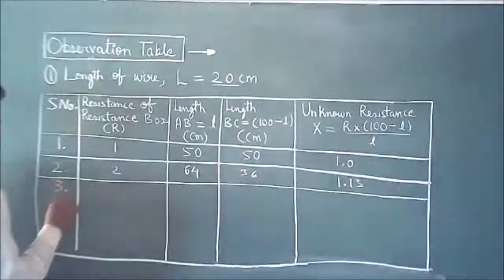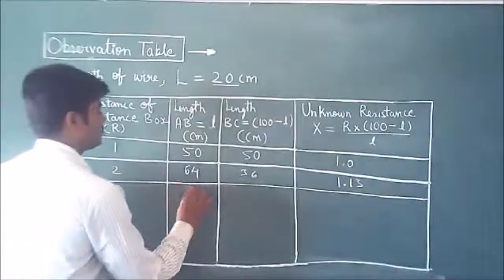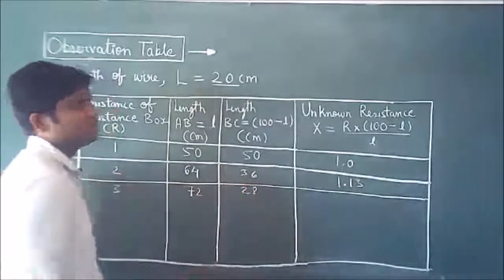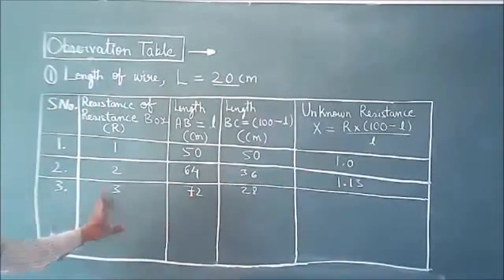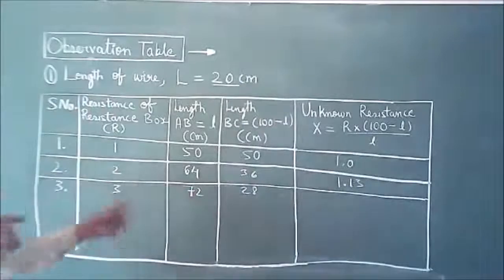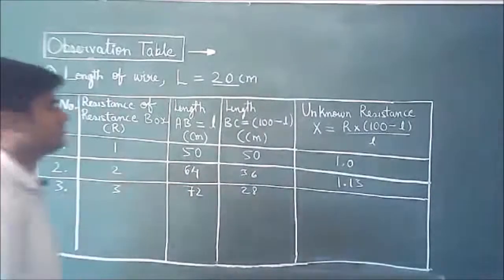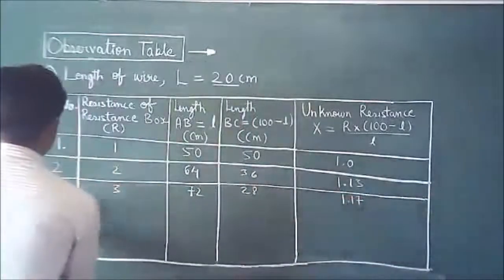Third reading, the resistance was 3 ohm and L is equal to 72. 100 minus L is equal to 28, so we get 3 into 28 upon 72. We get it to be 1.17.